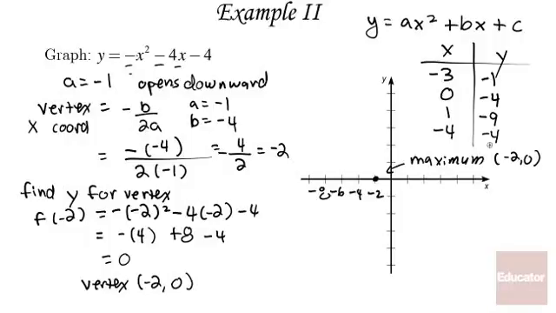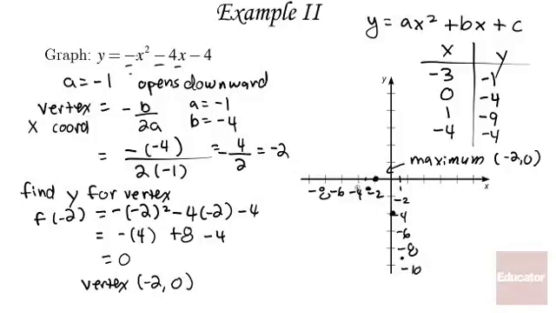Okay. So my first point, negative 2, negative 4, negative 6, negative 8. So when x is negative 3, which is going to be about here, y is negative 1. Okay. When x is 0, y is negative 4. When x is 1, y is going to be all the way down here at negative 9.